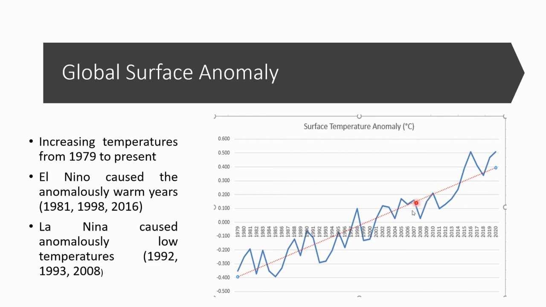Compared to the trend line, the temperature was really low. That time La Nina happened. So you need to know what the reason was for El Nino and for La Nina. The question won't be that specific, but you need to have some gross idea about those events.